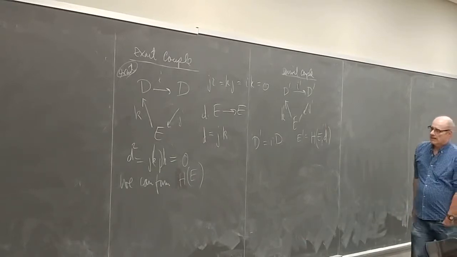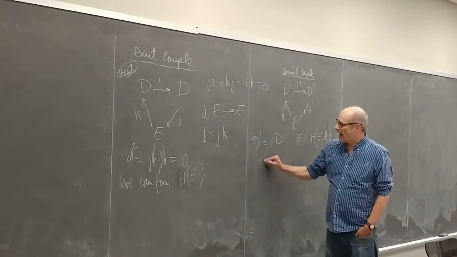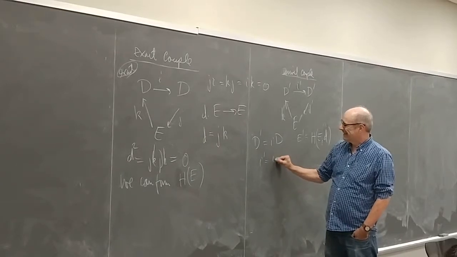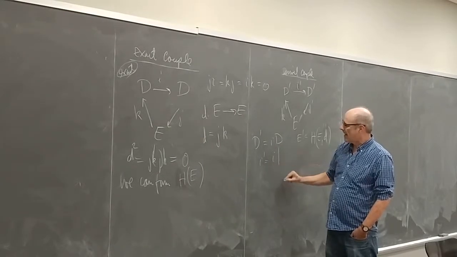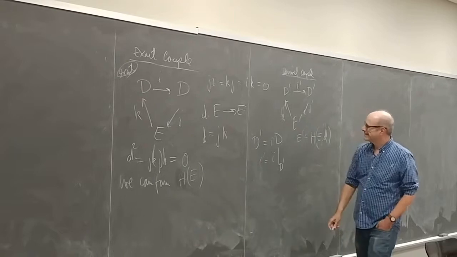Okay, so that's D prime and E prime, and then I prime is just going to be induced by I, so that's just I restricted to D prime.